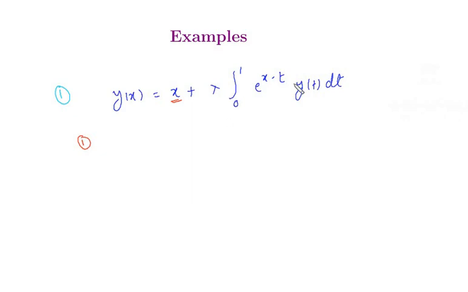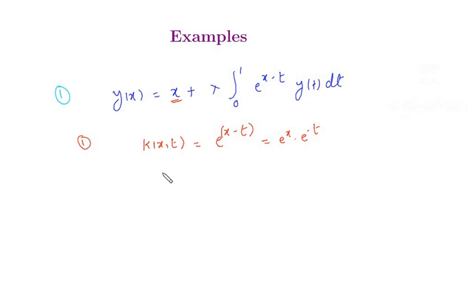Next, when you see the kernel, in this case your kernel is K(x,t) equals e raised to (x minus t). We can say it's a function of just one variable x minus t, so this is convolution type. Again, you can write this as a function of x only times a function of t only, so this kernel is of separable type.